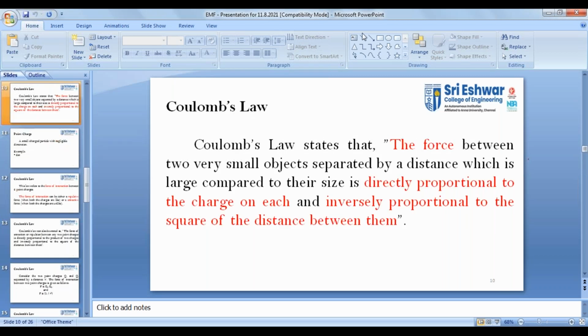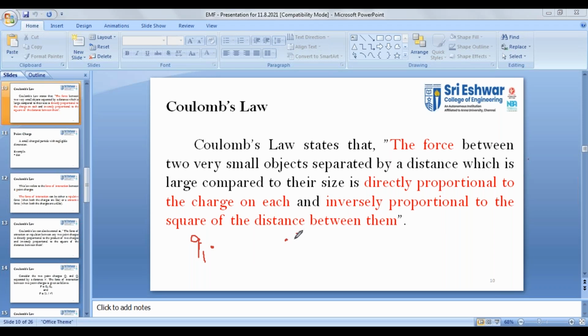If I want to write Coulomb's law, let us take two charges. Q1 somewhere here. See, these two charges are very small.